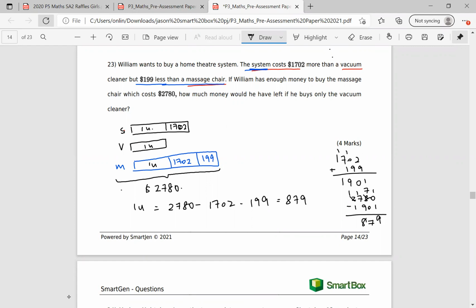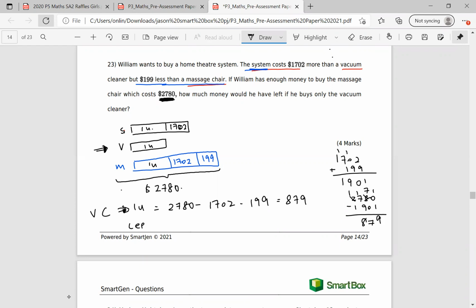How much money will he have left if he only buys the vacuum cleaner? So the vacuum cleaner, basically we already found already. Vacuum cleaner is equals to this 1 unit, because if you look here, vacuum cleaner is equals to 1 unit. And then how much left? Okay. So if he buys the massage chair, they never say how much he will have left. So basically he used all his money to buy the massage chair, which is 2,780.